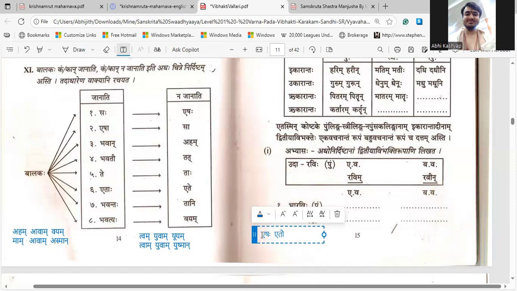Like Eshaha, Ganeshaha. Etau will indicate dual. Ete will indicate plural, Bahuvachana.